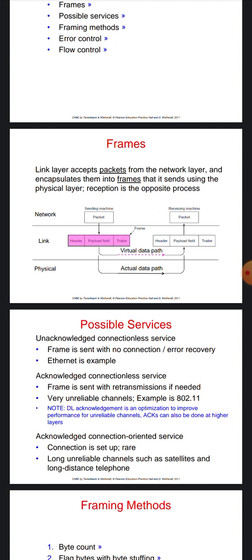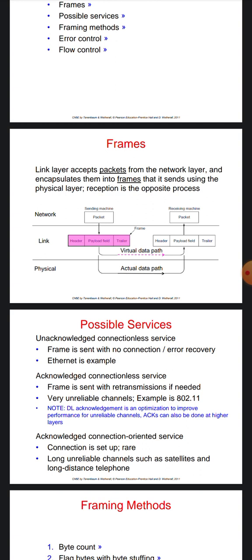So in network layer there is a sending machine and a receiving machine. Sending machine is sending the packet, receiving machine is receiving the packet. In link layer the packet is encapsulated into a frame with header, trailer, and payload field.